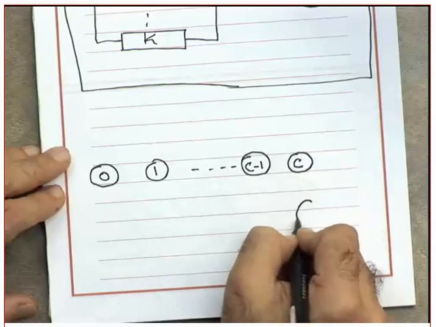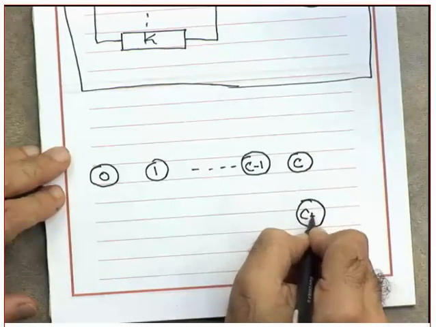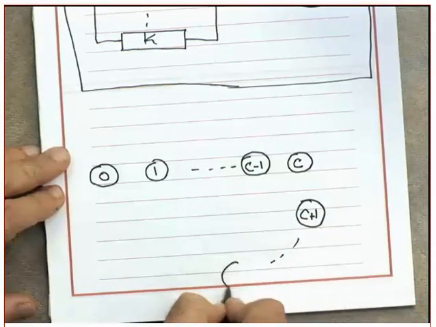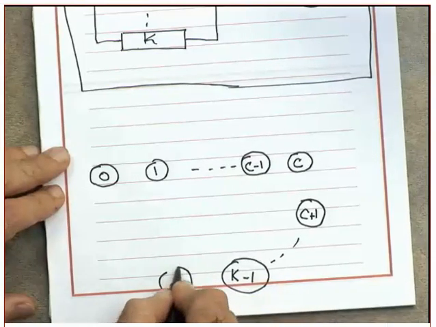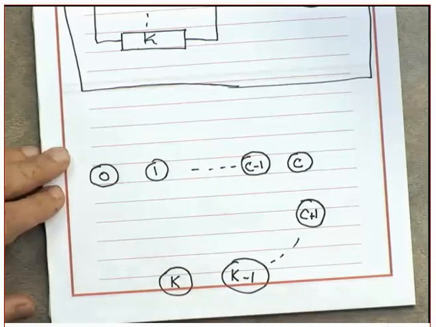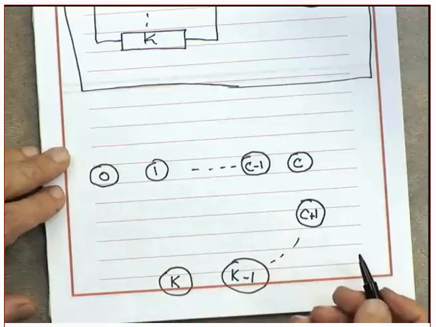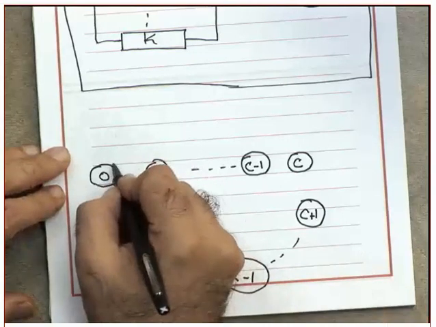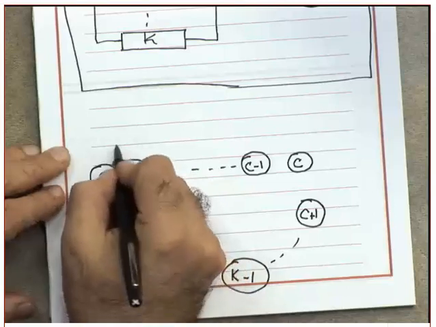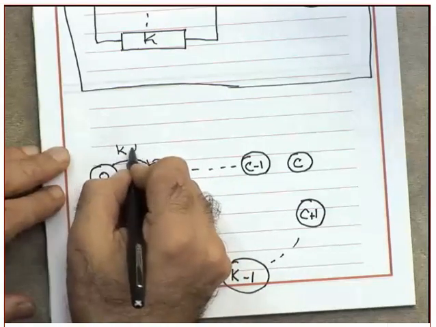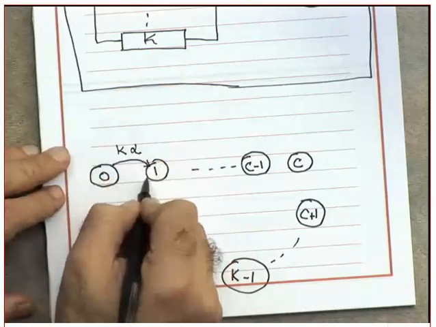C, plus 1. K minus 1. K. Did you get it? No response. Yes or no? Help me. K alpha. Yes?